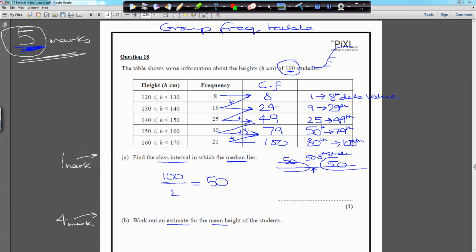If you look carefully at the table, the first 8 values are here, the next 16 data values are here, and the next 25 data values are here. Then the 50th value comes into this last group, which contains 30 data values. That contains the 50th data value. So find the class width that contains the 50th data value, which is this one.